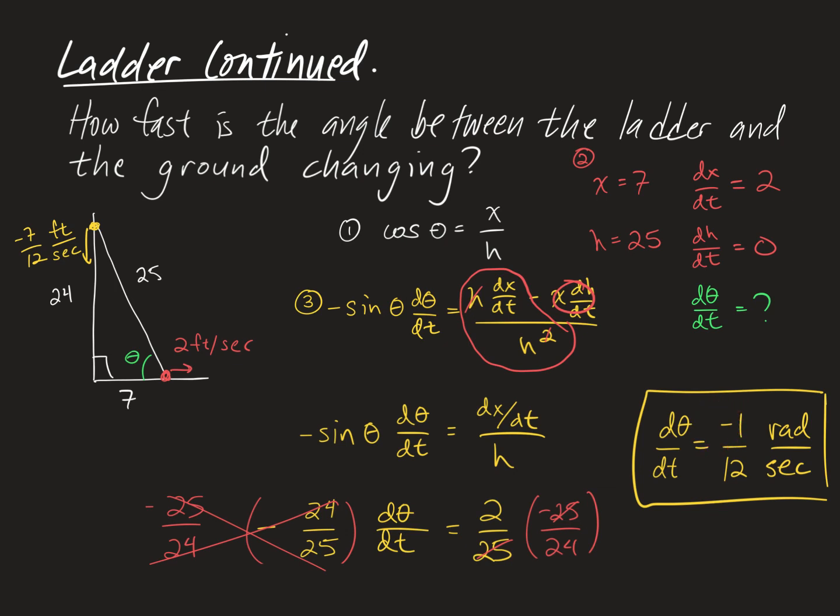And that makes sense because as you pull the base of the ladder further and further from the base of the wall, the angle here will get smaller and smaller until that angle is 0, because the ladder will also be flat with the ground. And just to point out, radians are the preferred unit of measurement when coming to angles.